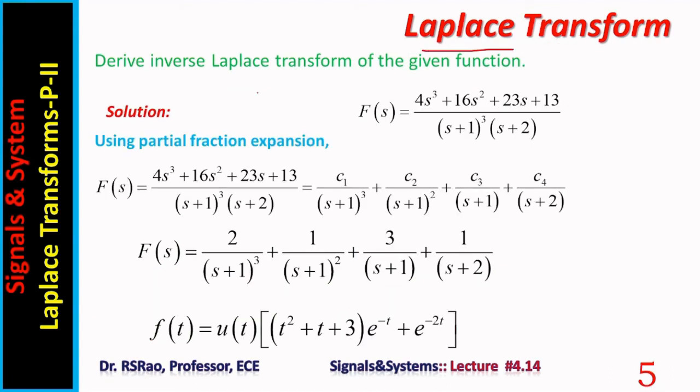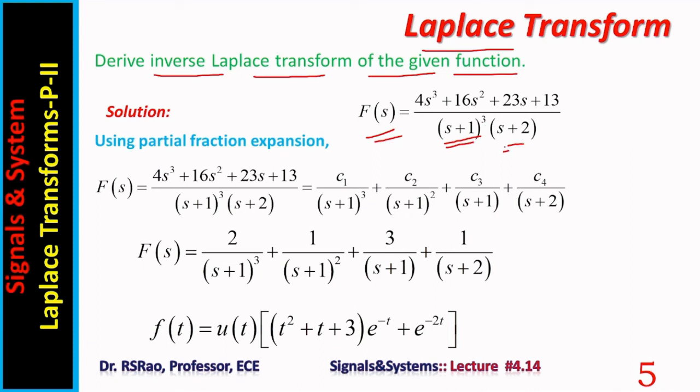Another problem: derive the inverse Laplace transform of the given function. The earlier two are simple problems when compared to the present problem. Notice a lot of complexity is there. F of s is equal to (4s cube plus 16s square plus 23s plus 13) by (s plus 1) cube multiplied by s.